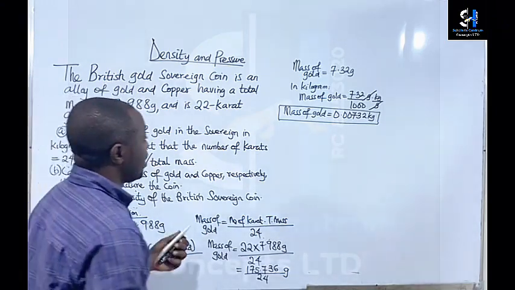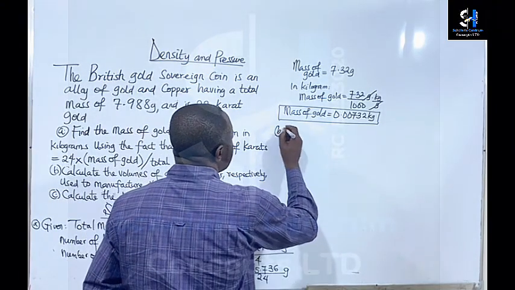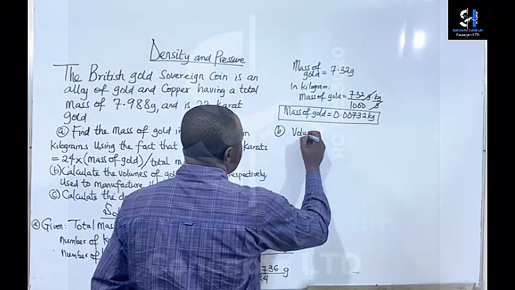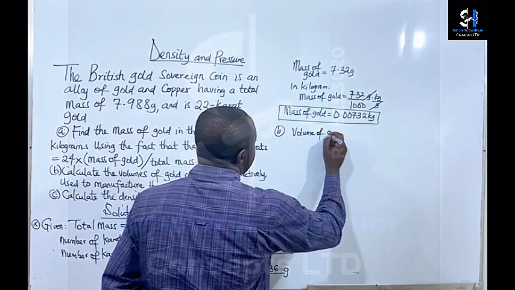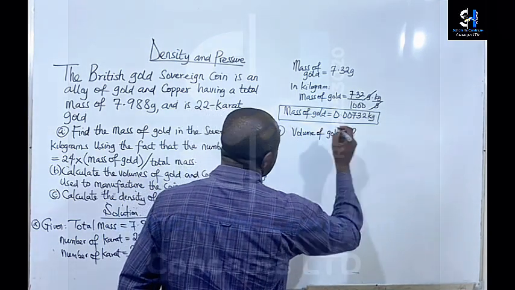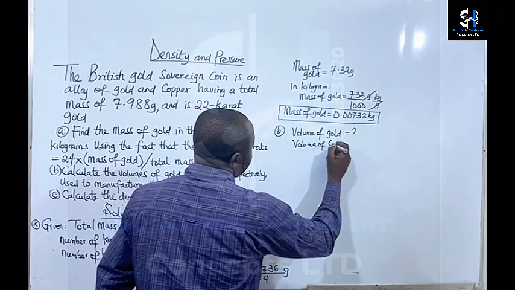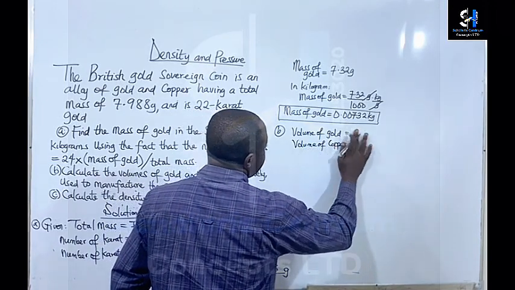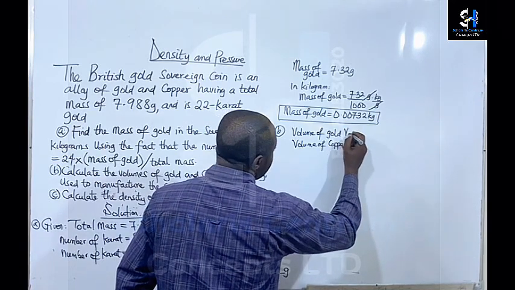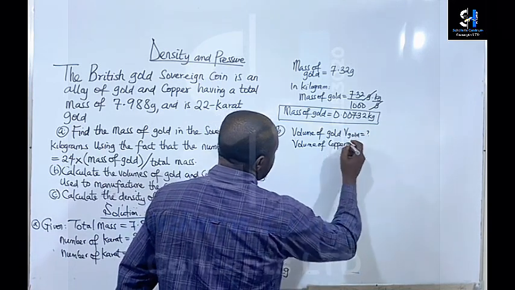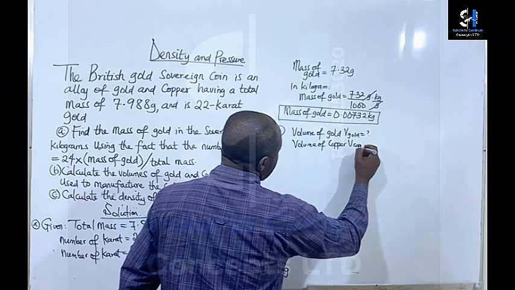So now for part B, we want to calculate the volume of gold, then the volume of copper.